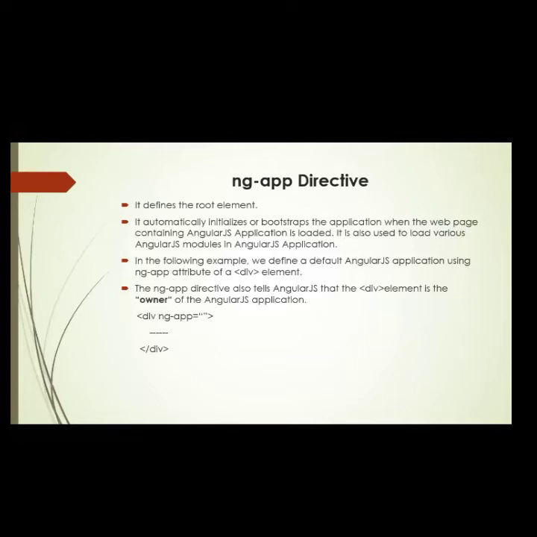Like you can use the ngApp directive with the html tag or body tag so that it can control the entire document object model hierarchy. However, you can place it in any DOM element. But friends, note that the AngularJS framework will only process the DOM element and its child elements where the ngApp directive is applied.